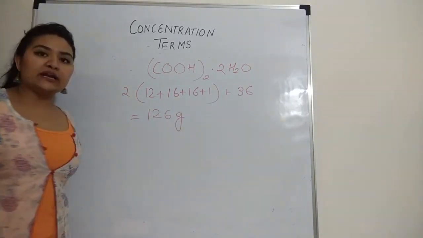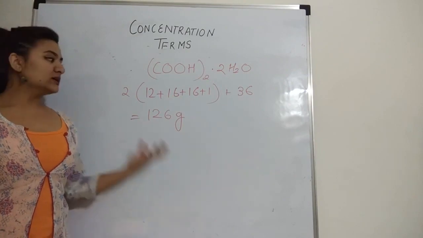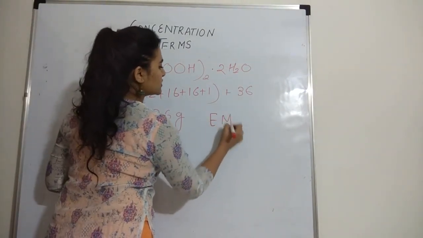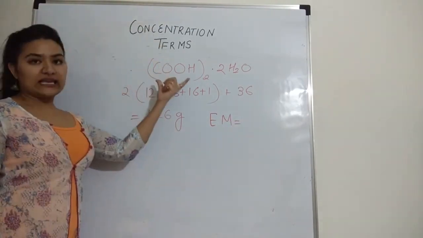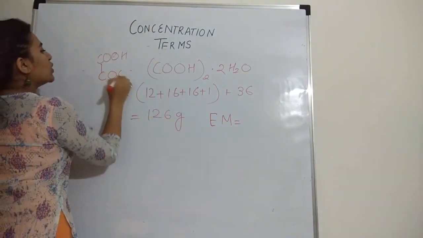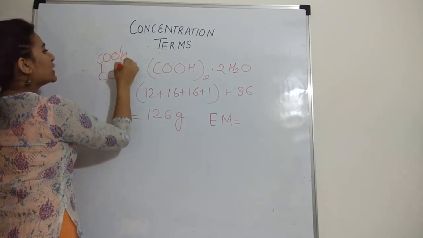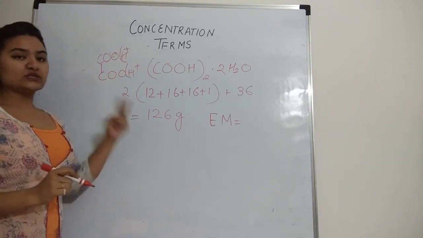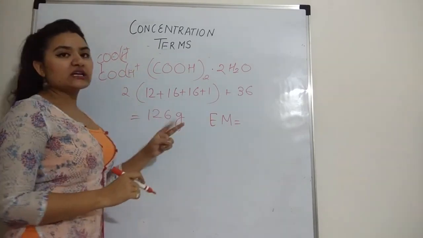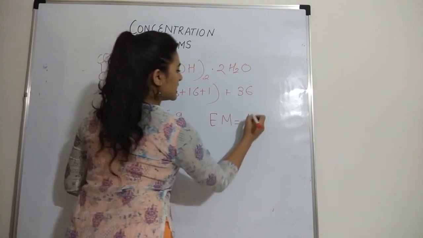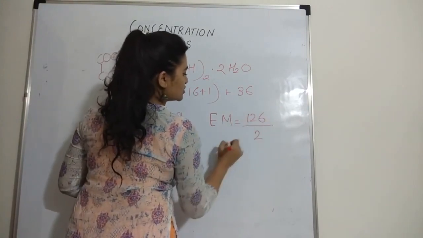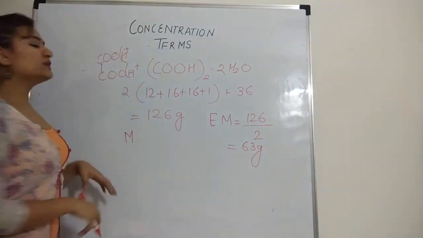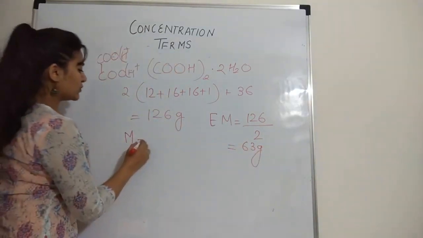Now first, let's find out equivalent mass of oxalic acid solution. So what will the equivalent mass be? Because this is oxalic acid which has 2 COOH groups and each COOH group will release 1 H plus, there will be 2 H plus released. So basicity is 2, so n factor is also 2. Equivalent mass equals molar mass upon n factor, which is 2, so 63 grams as equivalent mass. Now simply put all the values into the formula for molarity.